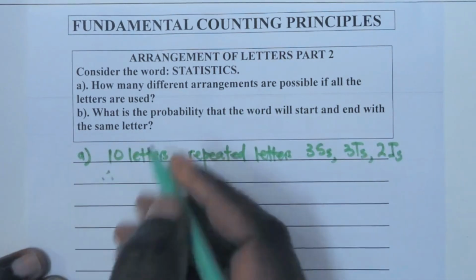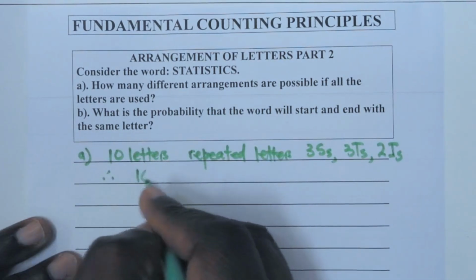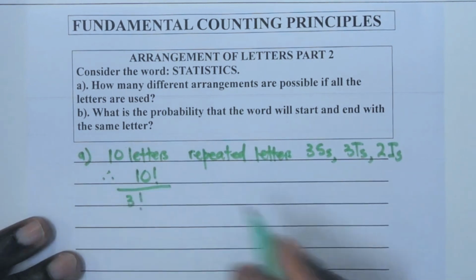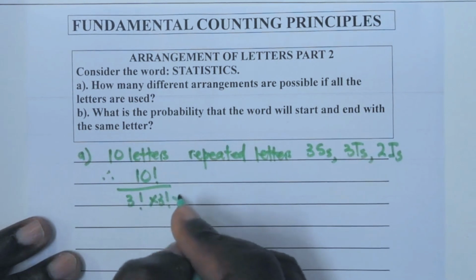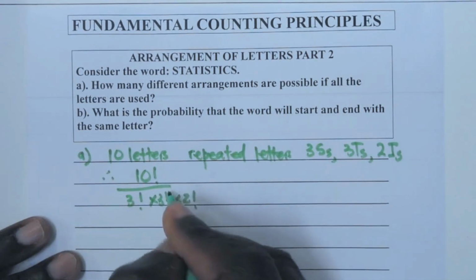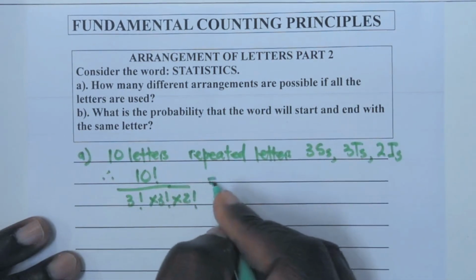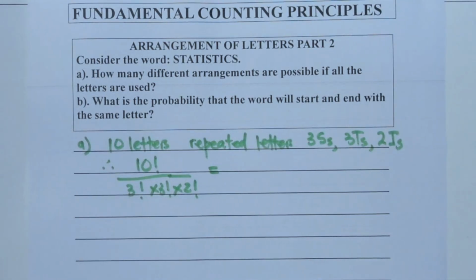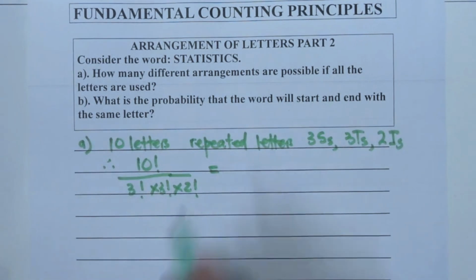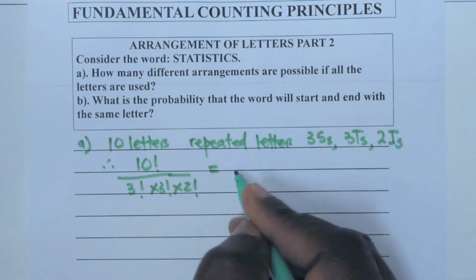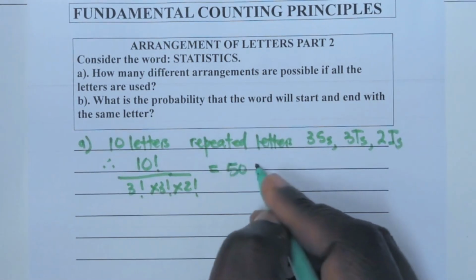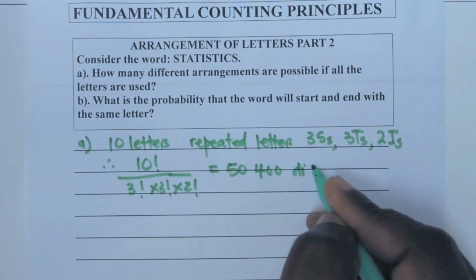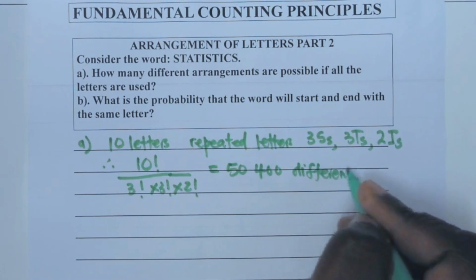Therefore, our final answer is going to be 10 factorial over 3 factorial times 3 factorial times 2 factorial. Remember, we put the repeated letters in the denominator. And our final answer is going to be different ways.